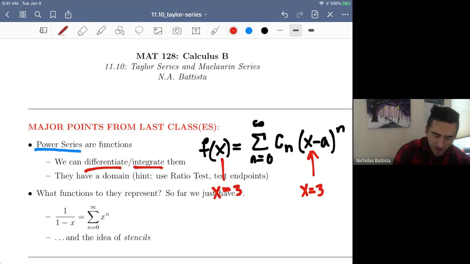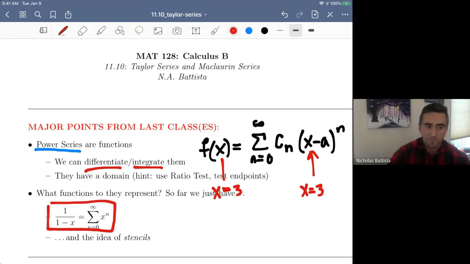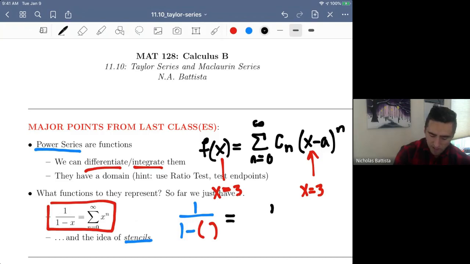And so far at our disposal, all we have is one function whose power series representation we know. And using this one function, 1 over 1 minus x, we introduced this notion of stencils, where we could take a power series, replace all the values of x with just open parentheses in both the series itself as well as the function itself.